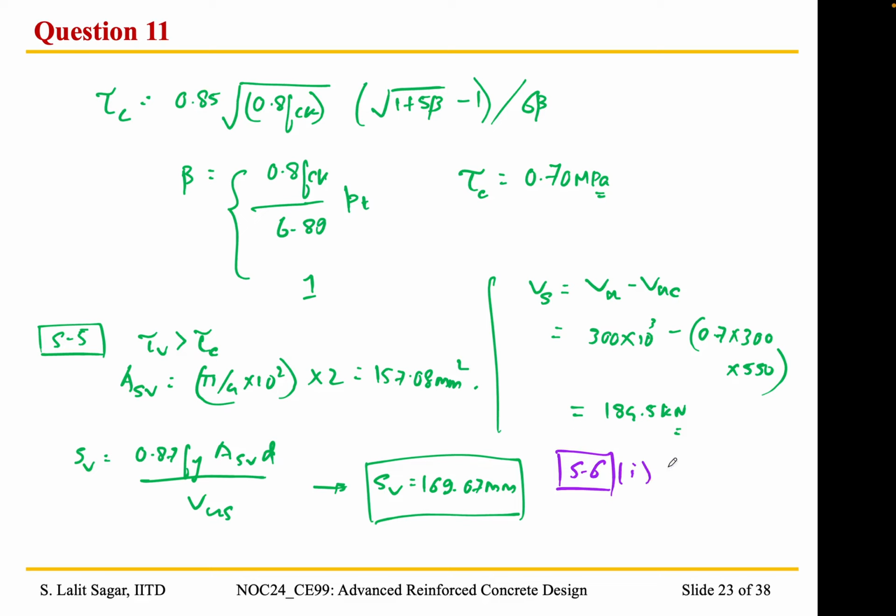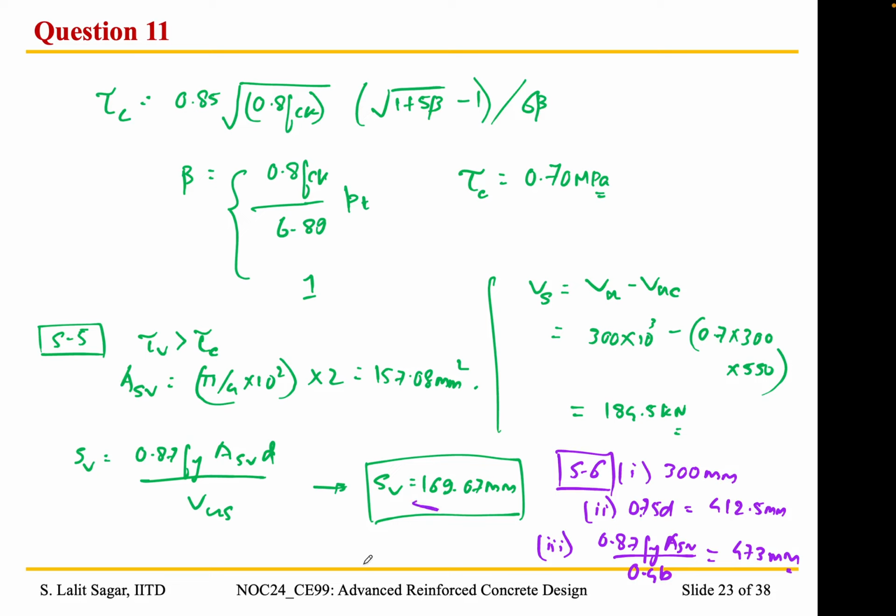So SV has to be at most 300 millimeter, or it has to be a minimum of 0.75 D. So I got that value as 412.5 mm, and we have a third expression, that is SV should be less than 0.87 Fy into ASV by 0.4 B. So for this I got a value of 473 millimeter.